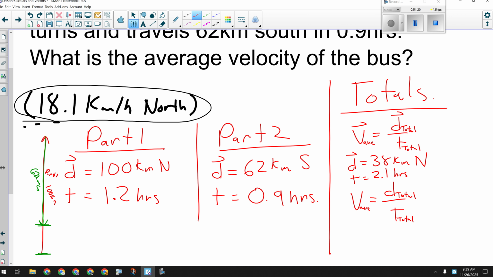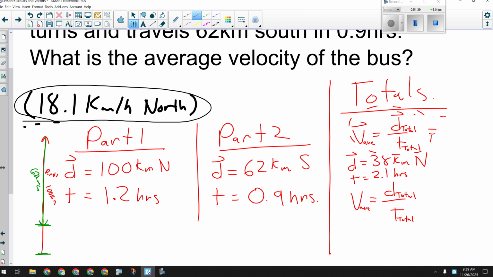Do I now have enough information to use this formula to calculate my average velocity? I've got the total displacement and I've got the total time, right? I just need to plug those numbers in.